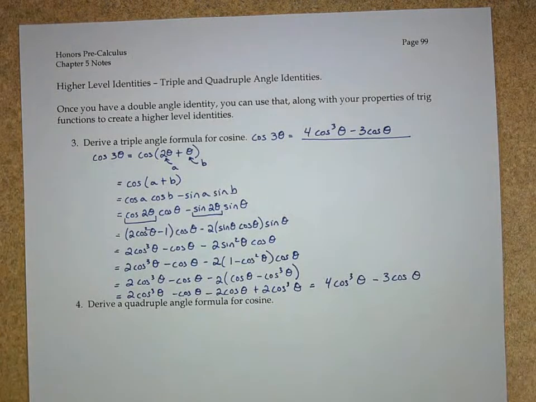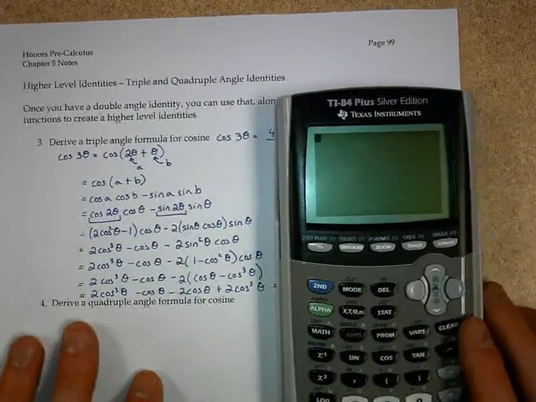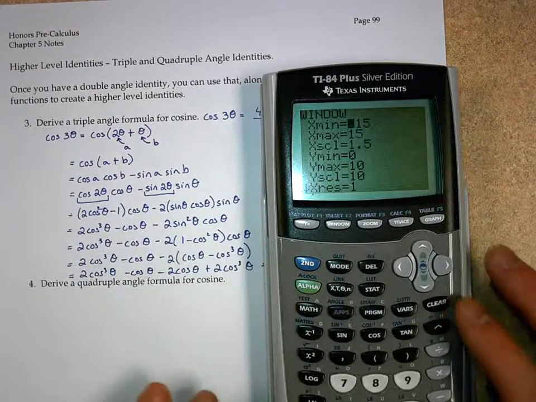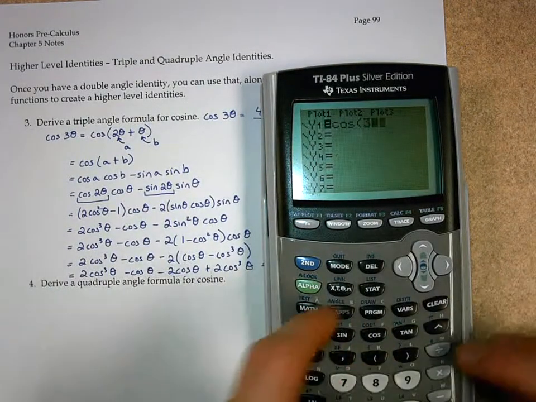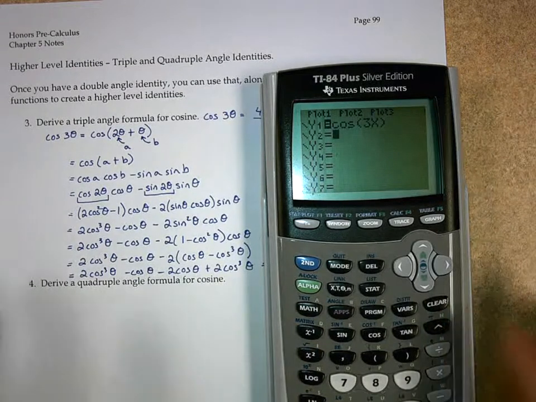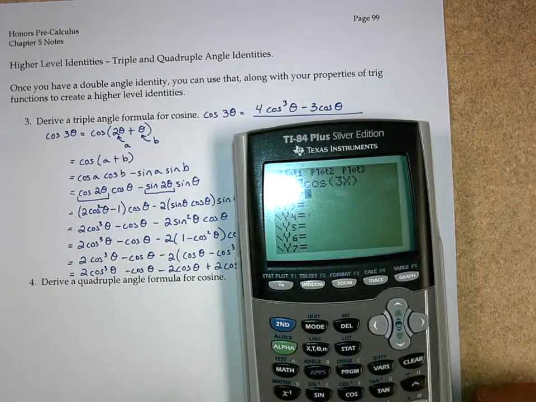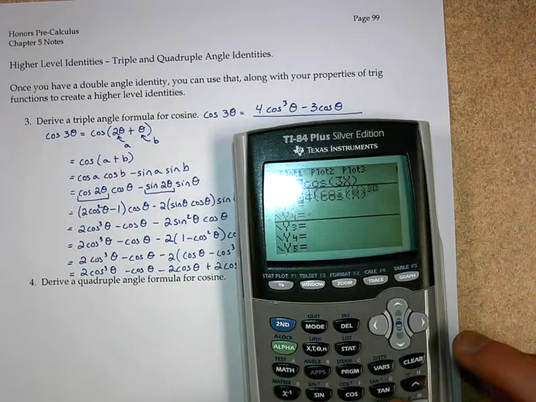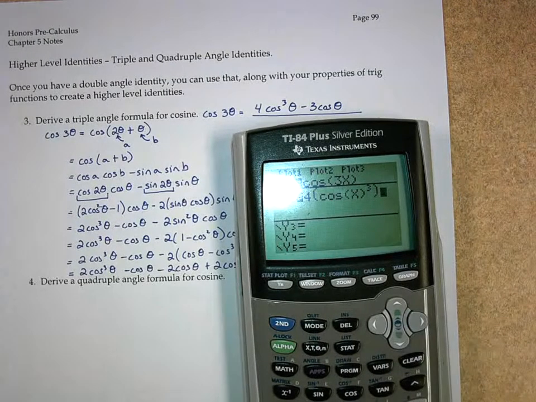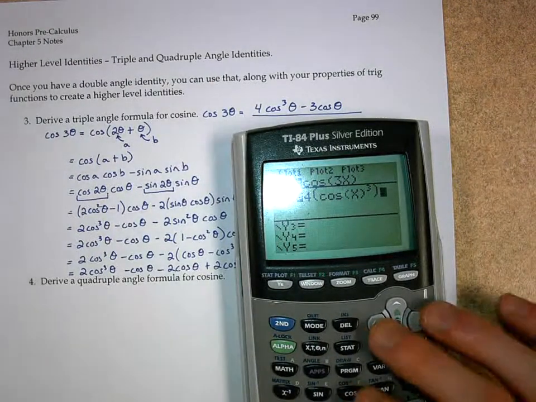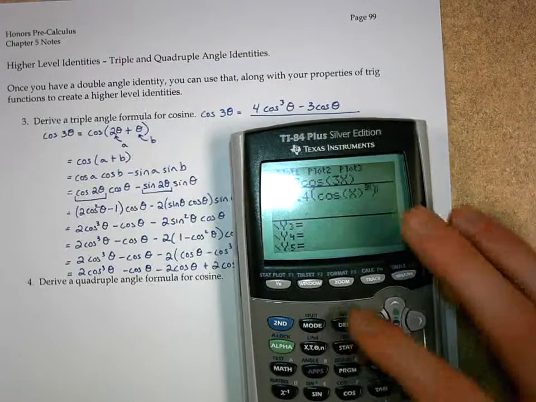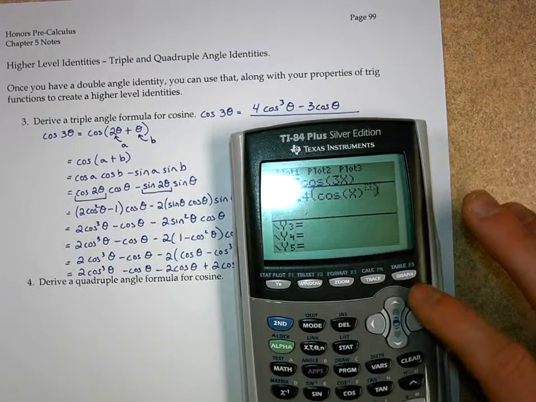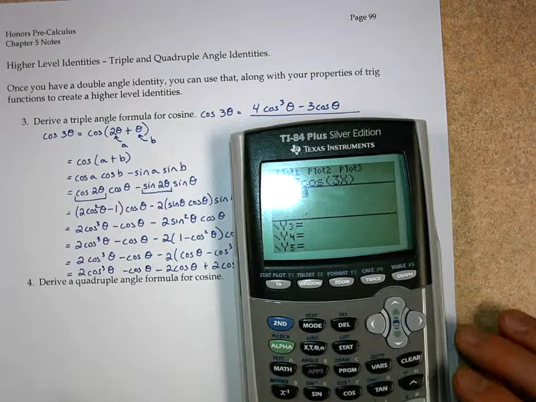And I can verify that pretty easily on my calculator to show that this is true. If I pull out my calculator, in y1 I plug in the cosine of 3x, and then in my y2, I'll put in 4 cosine of x cubed. Actually, just for safety measures here, I should put the 3 outside.